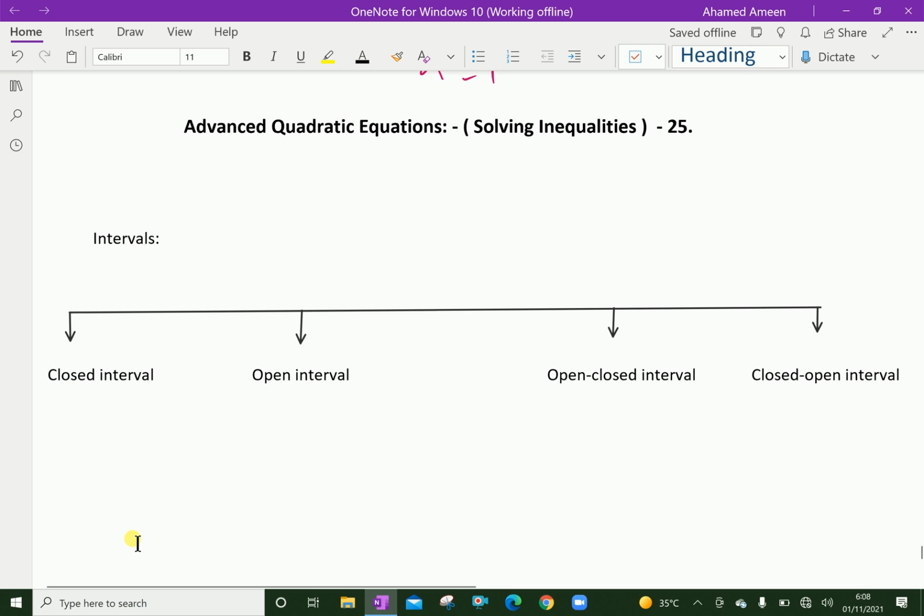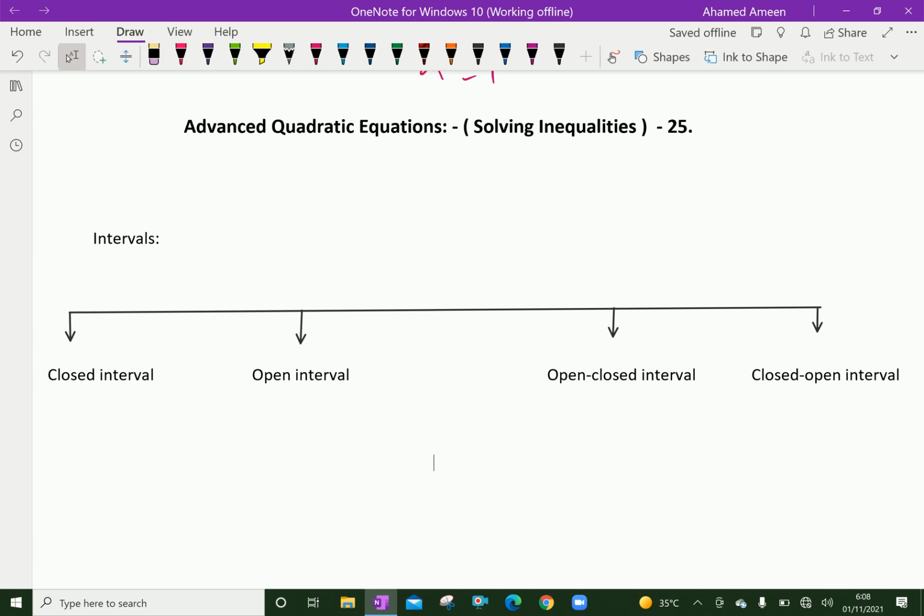Consider the expression f of x equal to (x minus a) into (x minus b), (x minus c) into (x minus d), which is greater than or equal to 0.